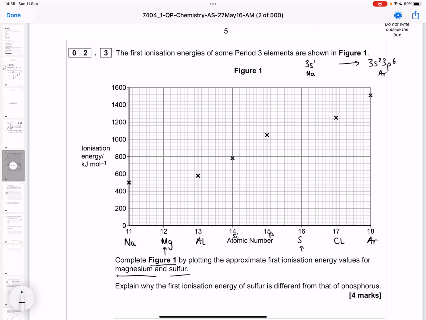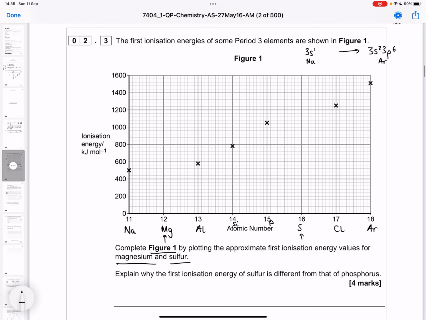If we think about the electron configuration of magnesium, it would end up being 3s2, and sodium was 3s1. So it's the same subshell. There's no change there, but there are more protons in the nucleus. So we need our cross to be higher than sodium's.